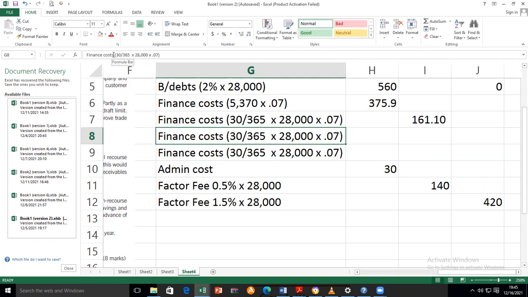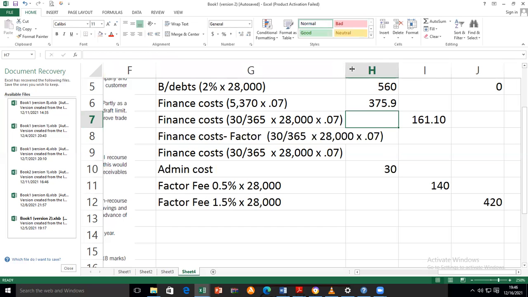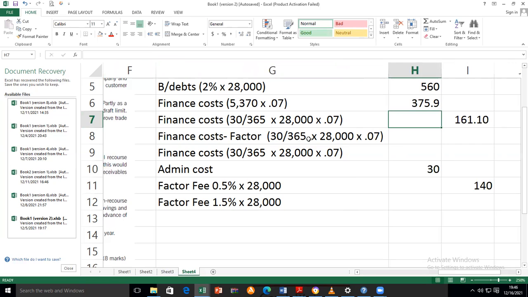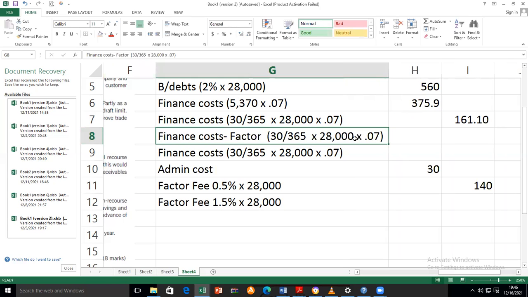It's 80%. So we say this is the cost of money coming from the factor. Let's put it in. The factor is going to fund 80% of this figure. And the factor charges at what? 9%. Yes. The factor is charging at 9%.